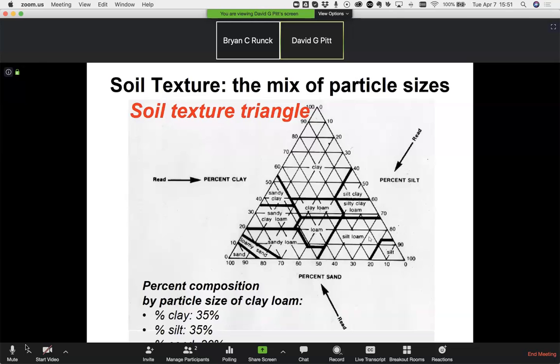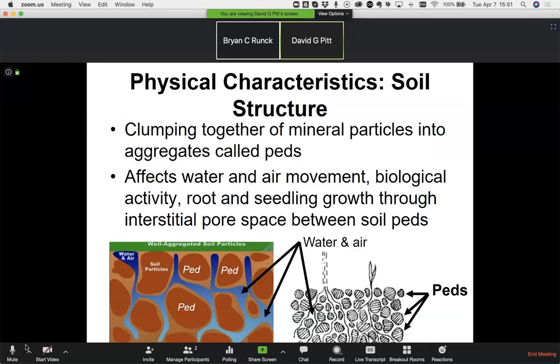Or we can talk about silty loam, which has a higher percentage of silt. Or we can talk about clay loam, which has a higher percentage of clay. So soil texture then helps us characterize and understand what the mix of particles is by particle size.